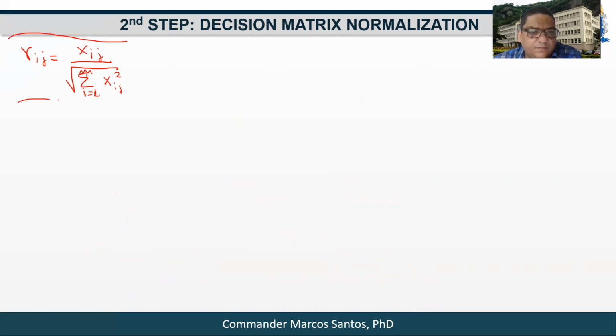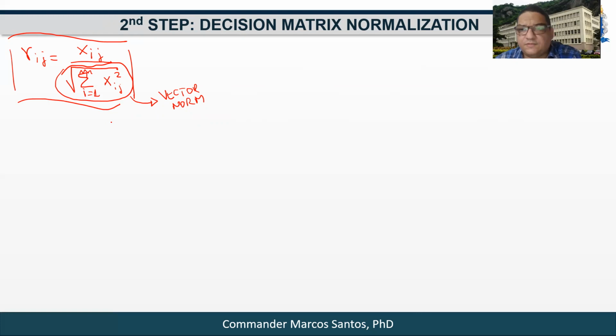So notice that this fraction is the vector norm. And we already have these values for cost, deadline installation, and velocity.